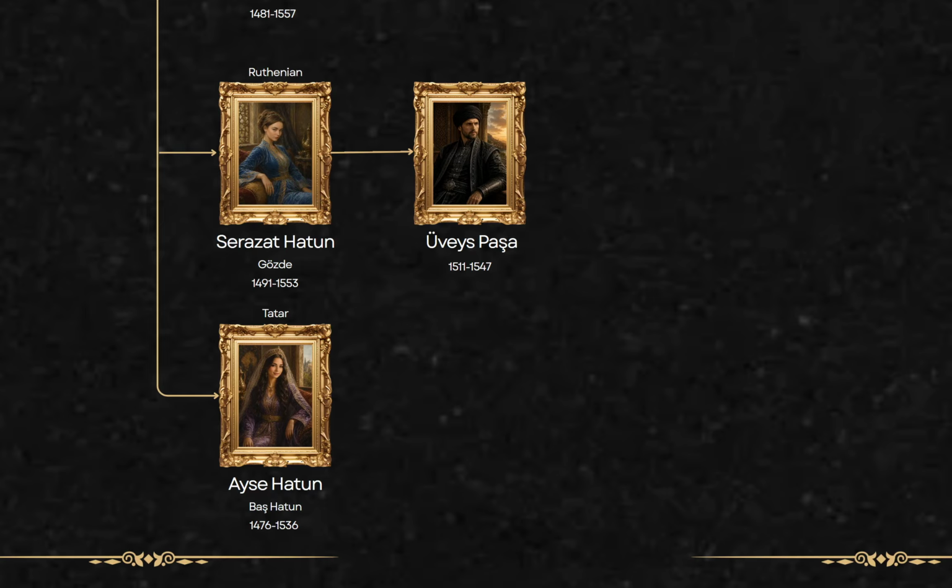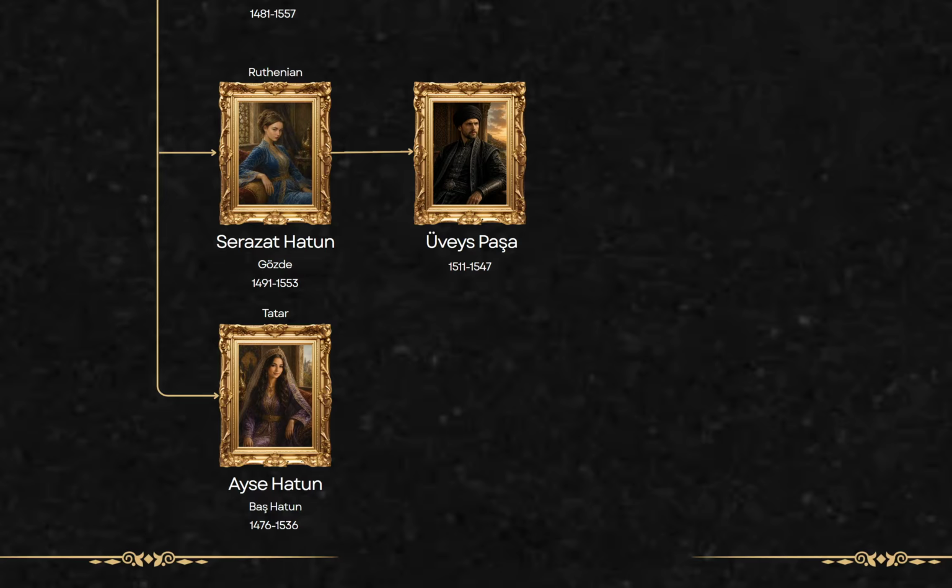And still, Salim appears to have cared for Uves like a son. He just never openly claimed him as his son because he really couldn't. Like legally, he couldn't. And he even granted both him and his legal father positions and honors.